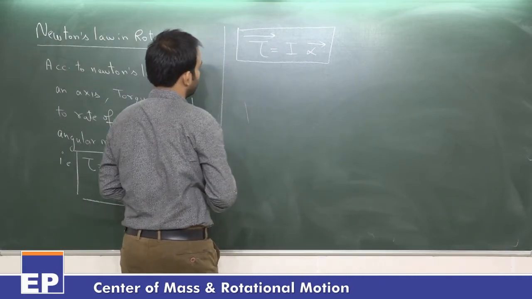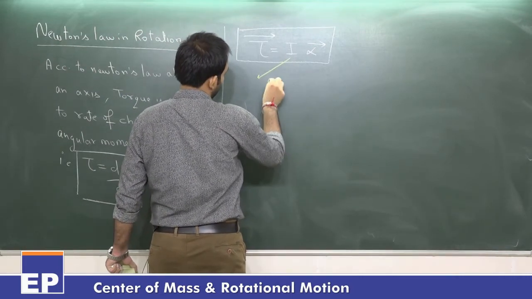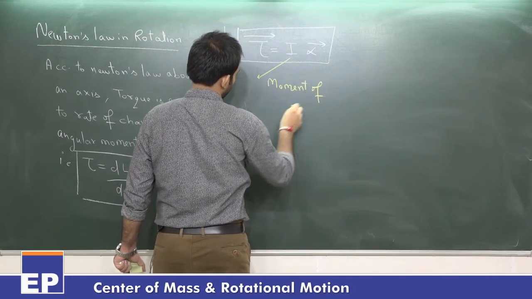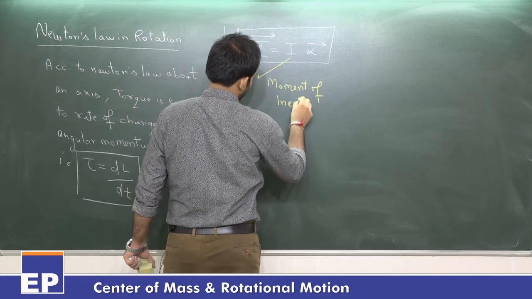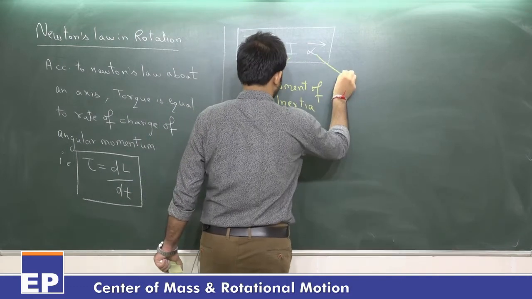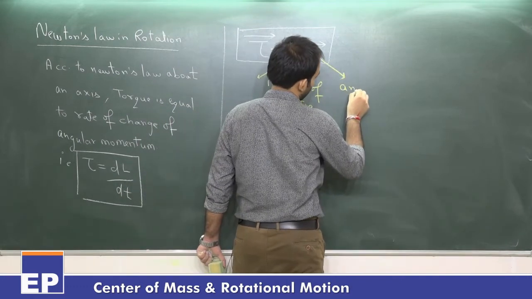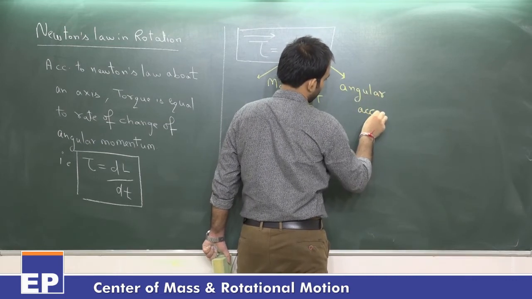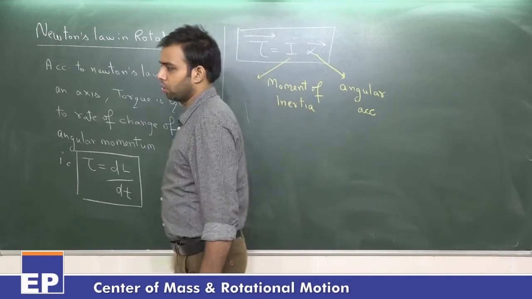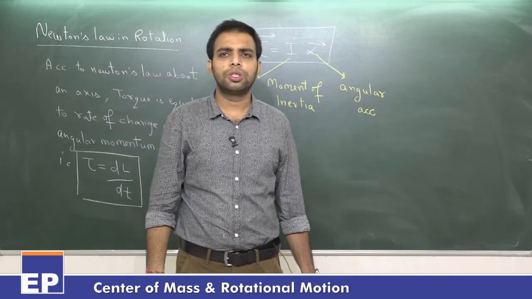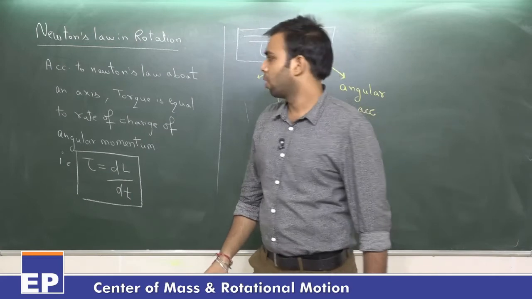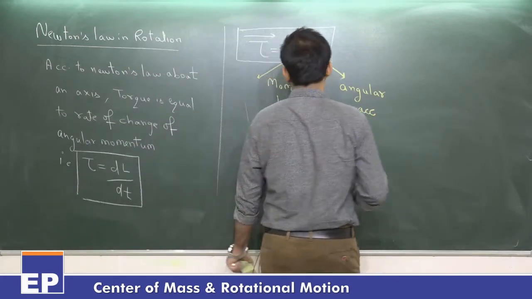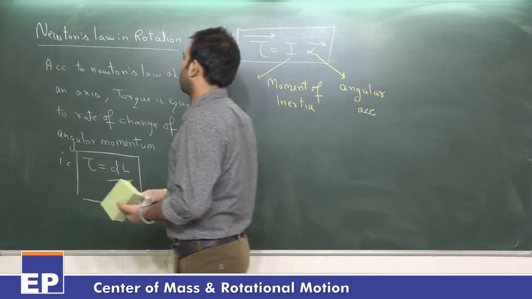The I is basically the moment of inertia, and alpha is called angular acceleration. So we can use this for Newton's law in rotation.